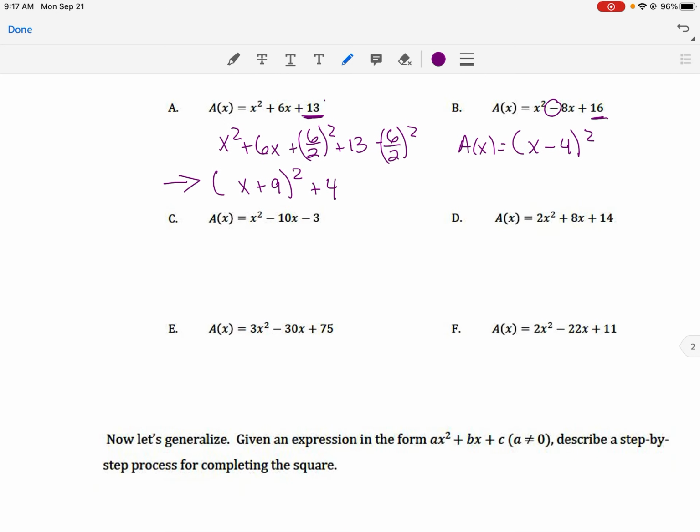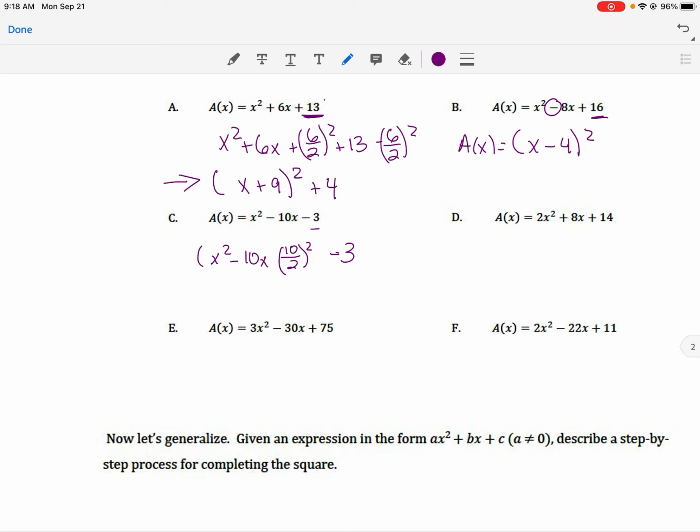And our next one, that is not a perfect square. So I need to figure out what goes on there. I'm going to do x squared minus 10x. My minus 3, I'm going to move over here. In the middle, I need to put my b, which is 10 divided by 2, and square it. And then I need to do that out here also. This part becomes my perfect square.